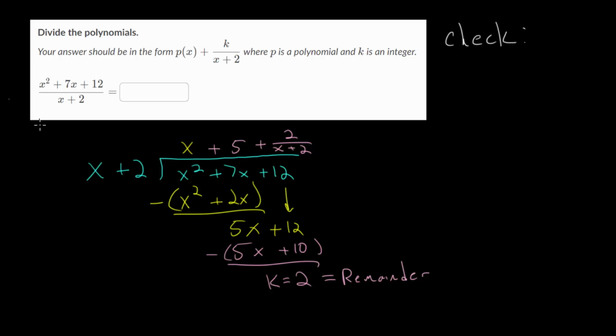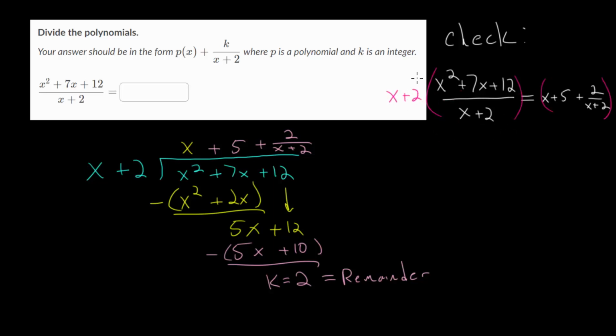So let me write this out again. And we just found that this is equal to x plus 5 plus 2 divided by x plus 2. Or at least this is what we think is the answer. And to check this, we're just going to multiply each side of this equation by x plus 2, since on the left, they'll be able to cancel out, and we can see if we get back our quadratic on the right side.